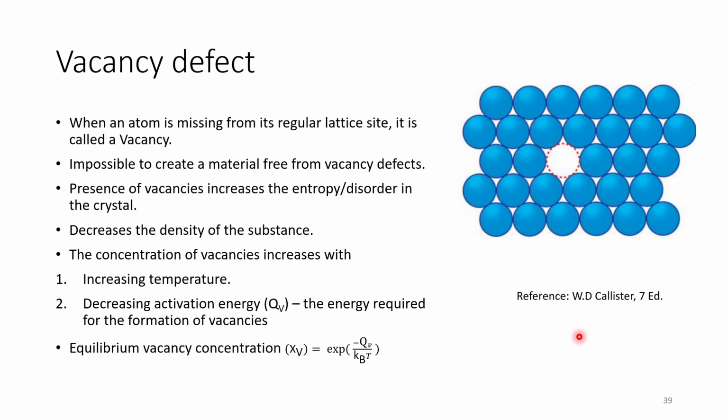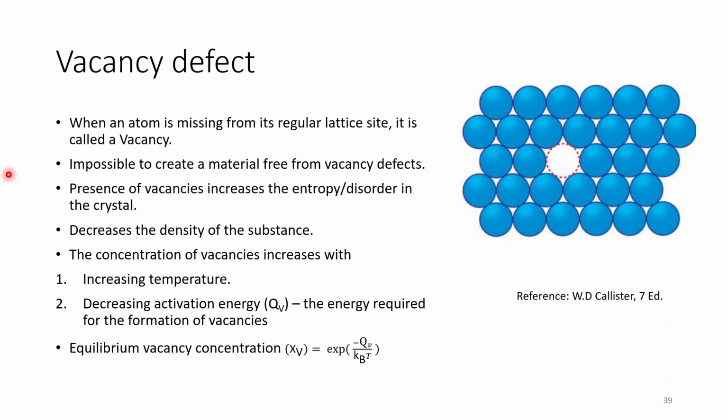In the case of vacancy defect, an atom is missing from its regular lattice site, which is called a vacancy. It is impossible to create a material free from vacancy defects because they make the material energetically favorable.